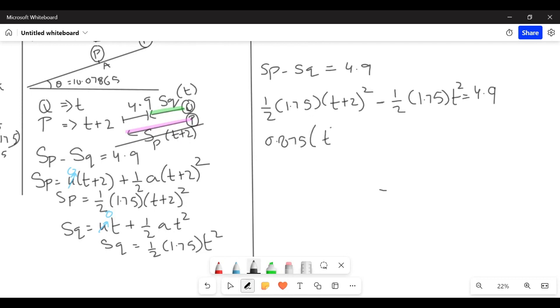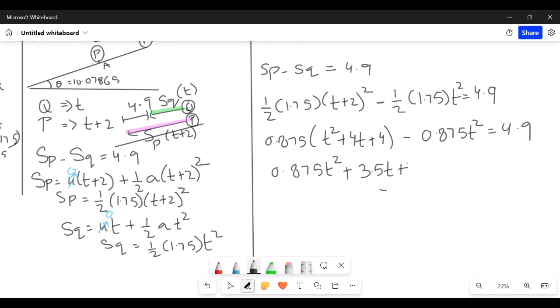Expand the brackets, a squared plus 2ab plus b squared, minus 0.875 T squared equals 4.9. Expand the brackets: 0.875 T squared plus 0.875 times 4 is 3.5 T plus 3.5, minus 0.875 T squared equals 4.9.